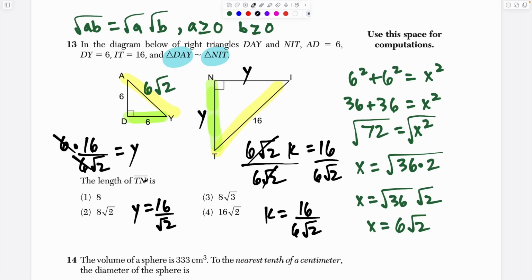But let's say you want to go through the actual algebra. What you could do is multiply the numerator and denominator by square root 2. And now this is going to give you y equals 16 square root 2 on top, I'm just doing 16 times square root 2, and then square root 2 times square root 2 is just 2. And when I do 16 divided by 2, that's 8 square root 2. So choice 2 would be our answer.